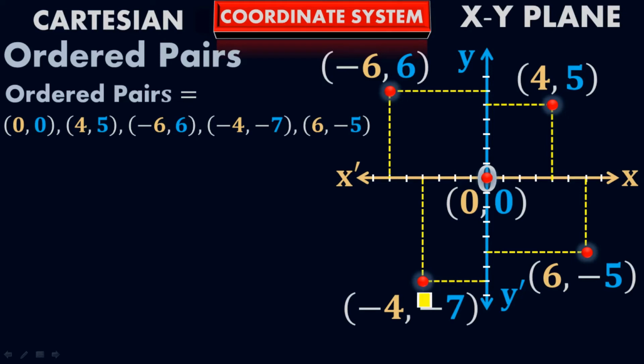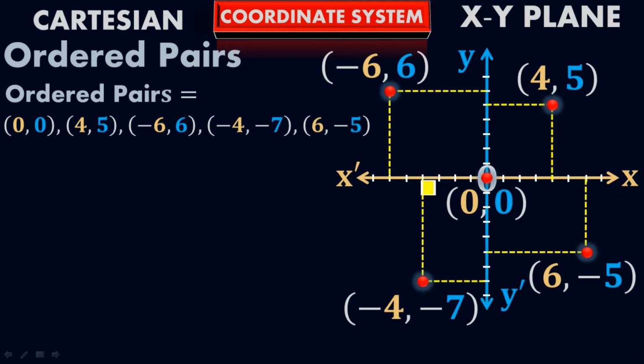At this point, we have negative 4, negative 7, which means negative 4 is the value along the x-axis and negative 7 is the value along the y-axis. So negative 4 along the x-axis: negative 1, negative 2, negative 3, negative 4.